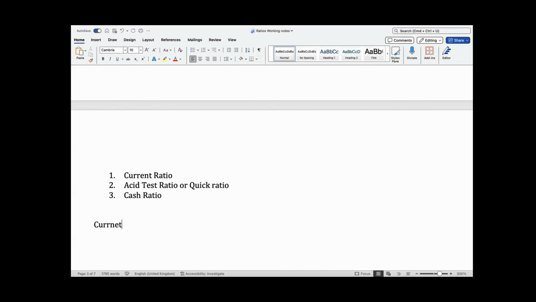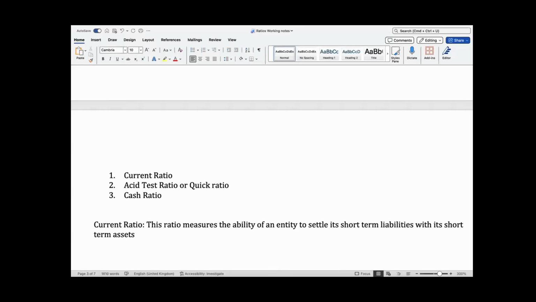And what's current ratio looking at? This ratio measures the ability of an entity to settle its short-term liabilities with its short-term assets.